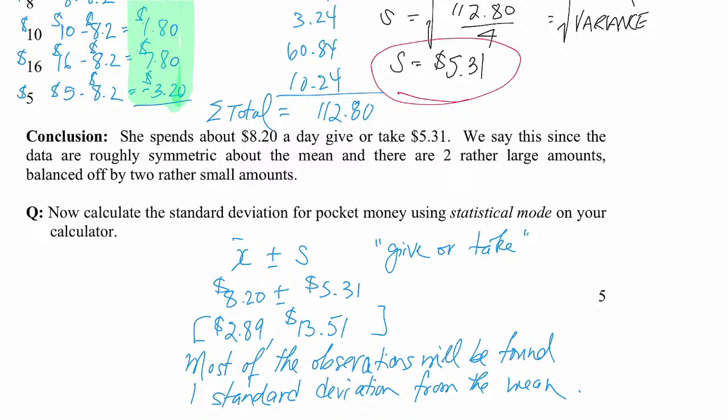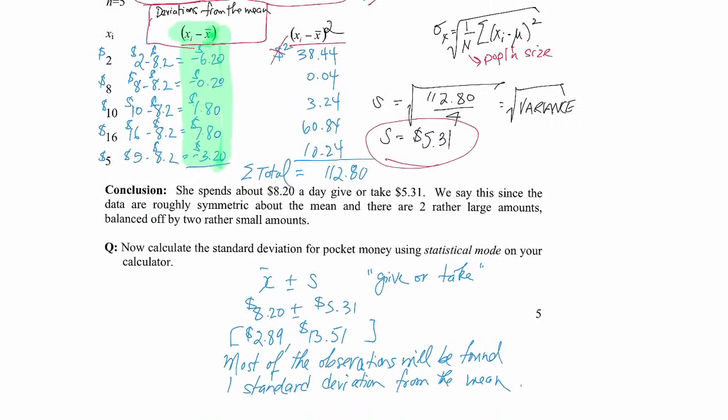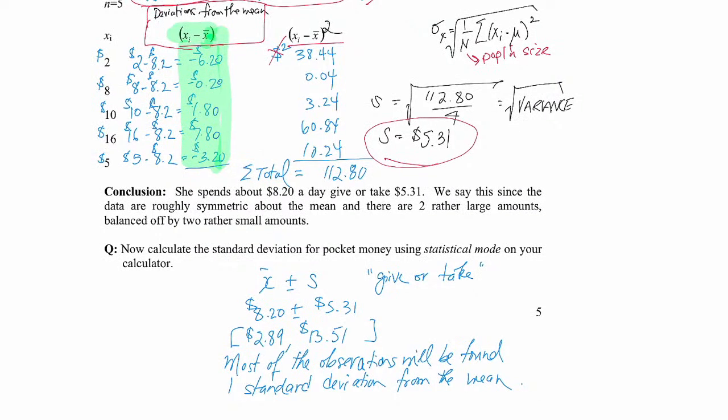So now let's go back to the data and see how many of the observations fall in here. Does 2 fall in that interval? No, because it starts at 289. Does 8? Yes. 10? Yes. Not 16 and 5.